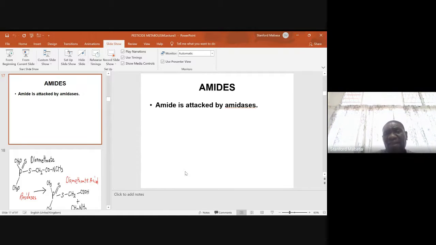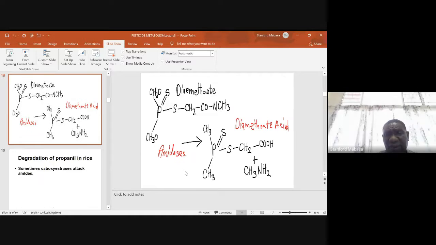Amides. Amides are attacked by special hydrolases known as amidases. And for our example, we are going to use dimethoate. This is the structure of dimethoate.